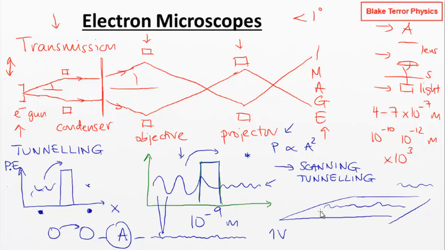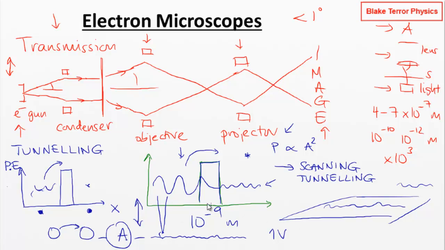So by scanning across this surface, if we keep a constant current, the tip of the probe will be moving up and down exactly parallel, mimicking the structure of the surface, the different undulations on the surface. That probe will be moving up and down exactly in synchronicity with the contours of the surface that we're scanning.